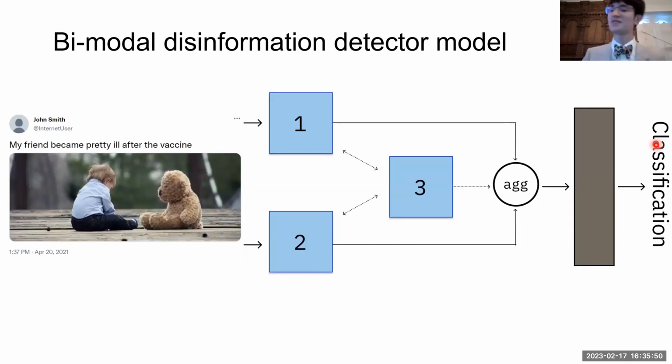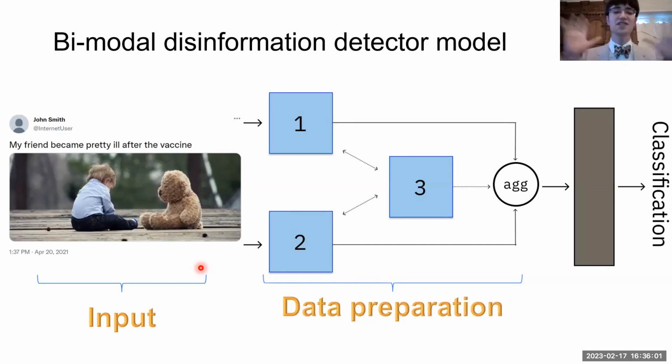So let me demonstrate how the computer scientists deal with this. Here's some input. It's a tweet, it has two modalities. It has a modality of text and a modality of image. And we're going to do some data preparation. And this is, as I say, the key stage. And this is what all of the papers that we've looked at are dealing with. So in this box, we have something that deals with, say, the text modality, something that processes the image modality, and, why we're sitting in this room, something that has a multimodal combination.